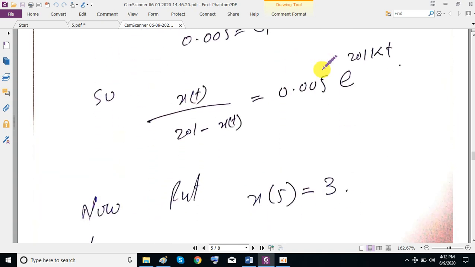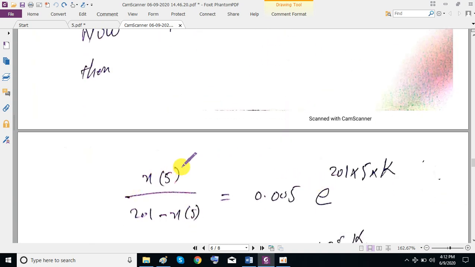So we get this equation like x of t divided by 201 minus x of t equal to 0.005 e power 201 kt. Now we find the value of k, because this is also a constant. So we find this value of k by using x of 5 equal to 3, that is after 5 days the number of infected people is 3.